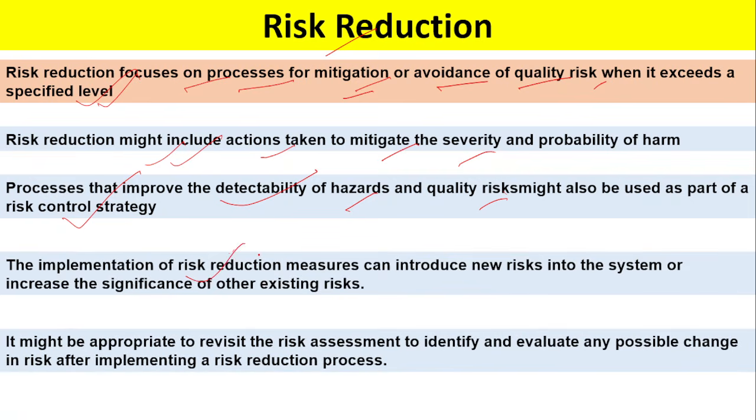The implementation of risk reduction measures can introduce new risks into the system or increase the significance of other existing risks. It might be appropriate to revisit the risk assessment to identify and evaluate any possible change in risk after implementing a risk reduction process.